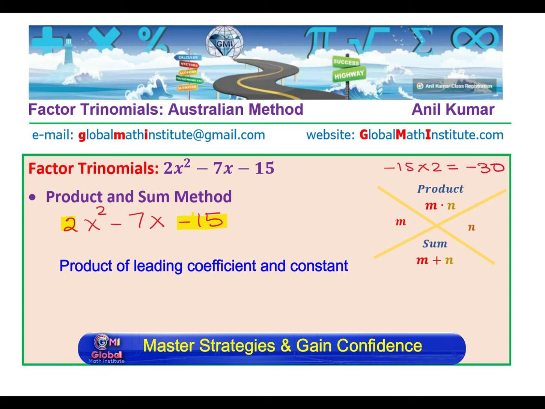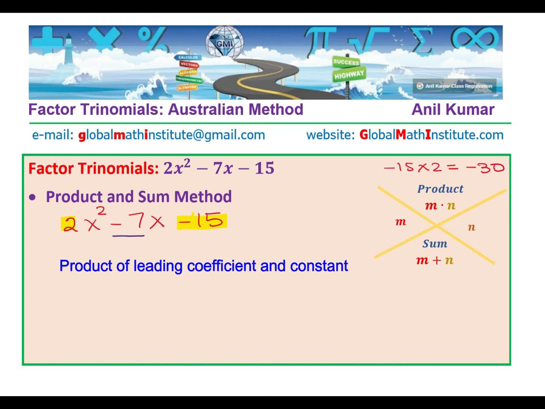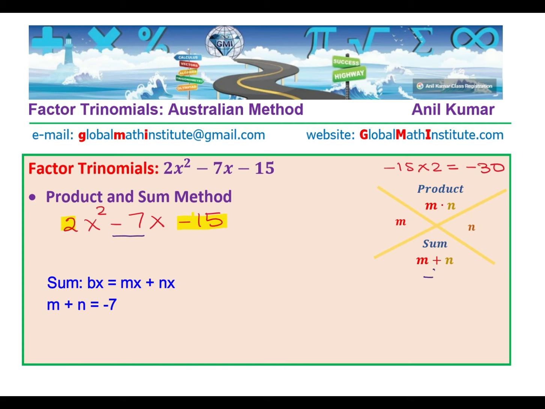Now we want to find numbers whose sum is minus 7. So we are looking for two numbers m and n whose product, m times n, is equal to minus 30 and whose sum, m plus n, is equal to minus 7. Clearly, one has to be negative and the other positive, with the negative being the bigger number.